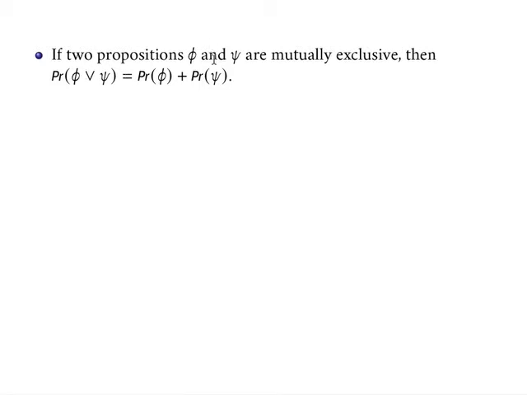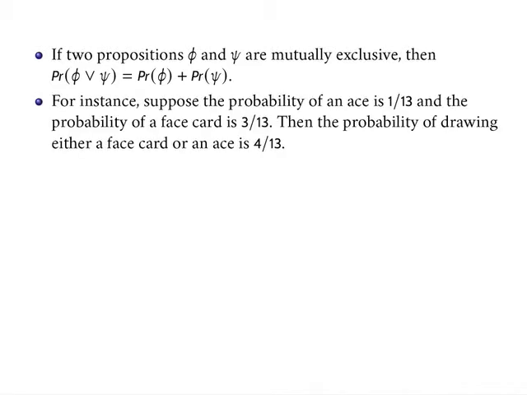So in the case where phi and psi are mutually exclusive or inconsistent, then the probability of phi or psi equals the probability of phi plus the probability of psi. So for instance, suppose that instead of tossing a coin, we're drawing cards randomly from a standard deck of cards. The probability of drawing an ace is 1 over 13.